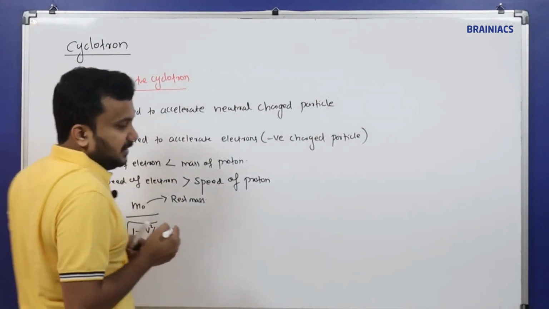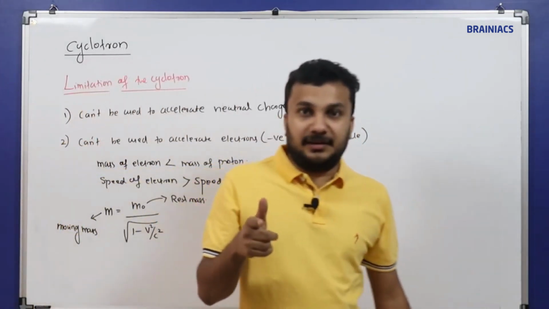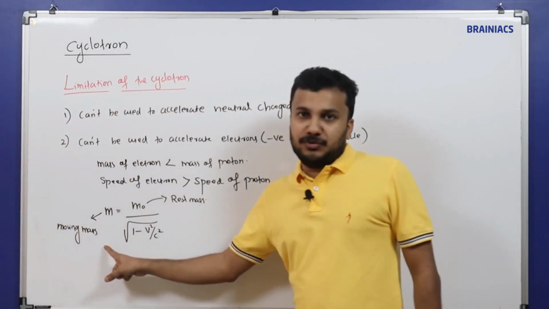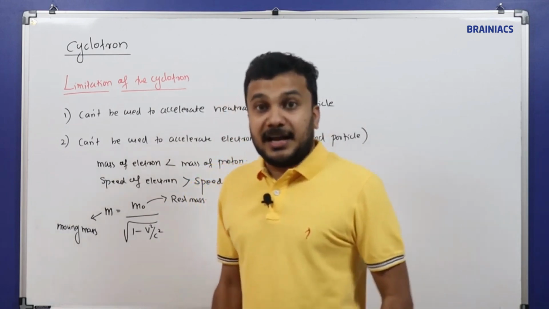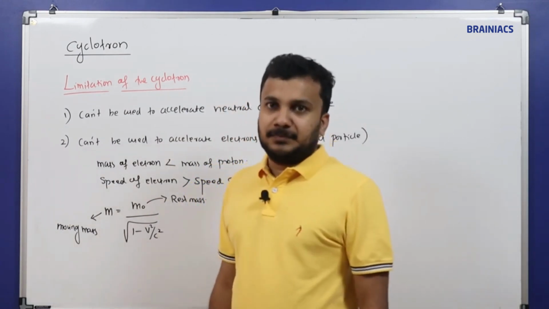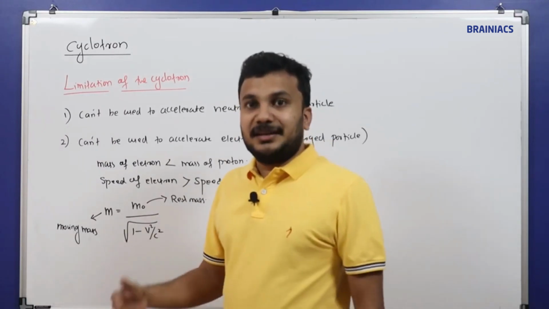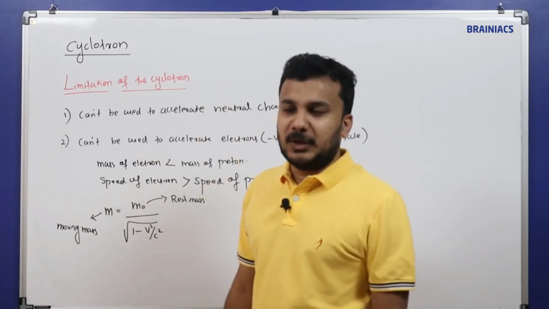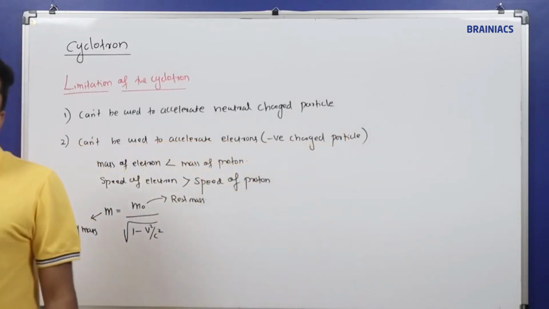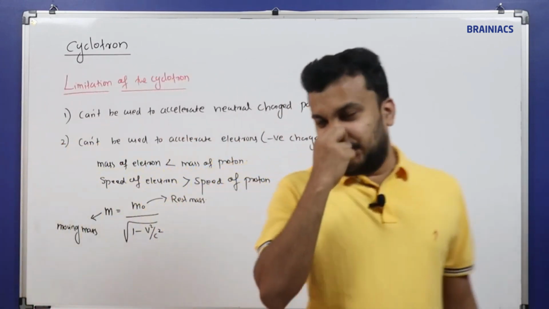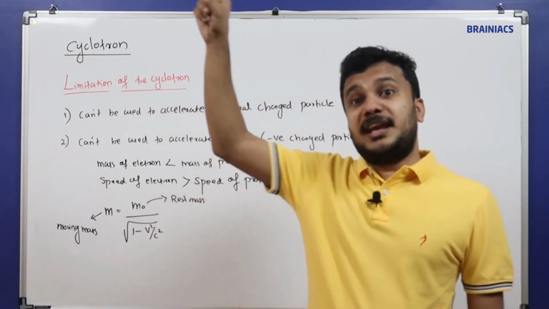Moving mass means whenever I am running, I have a speed and a mass. That mass is called the moving mass. Whenever I am standing at rest, the mass I have is called the rest mass. Normally c is the velocity of light, 3 into 10 power 8 meter per second.